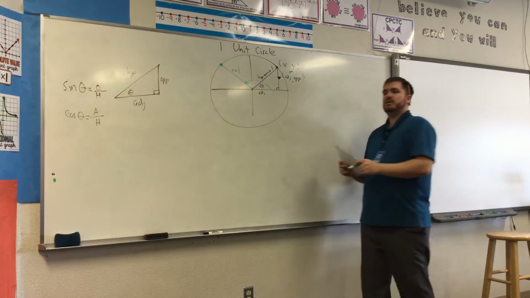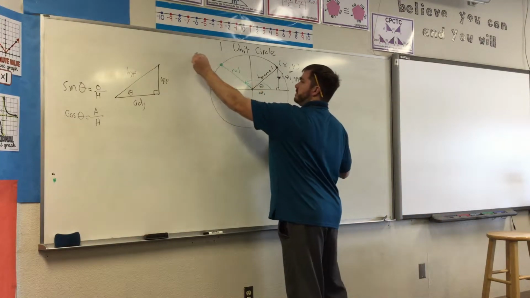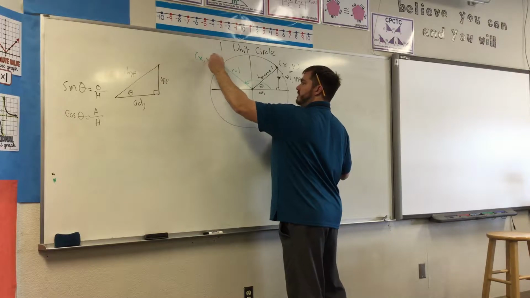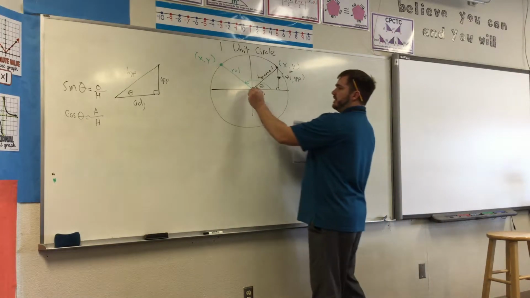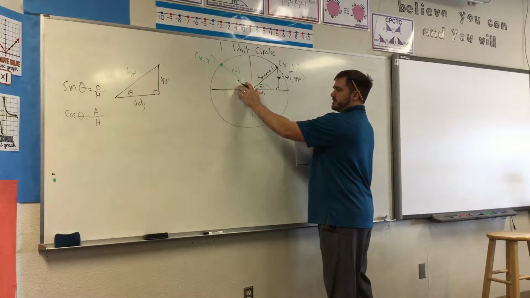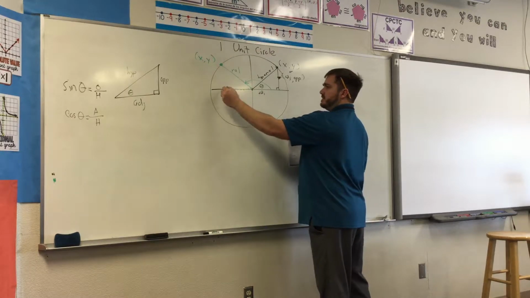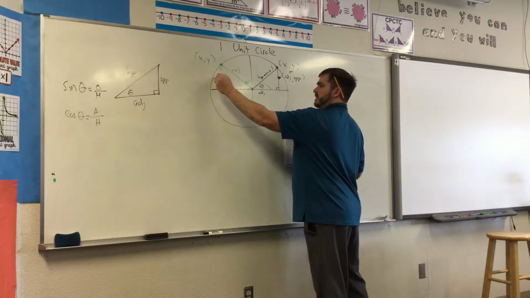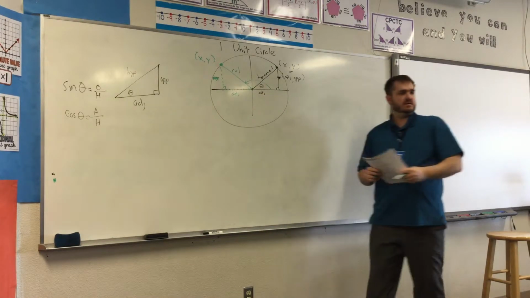And so we're rotating all the way along there. But this coordinate is still going to have an x value and a y value. And we can think about that, in terms of this smaller angle right here, as still having an adjacent and an opposite side. Okay?